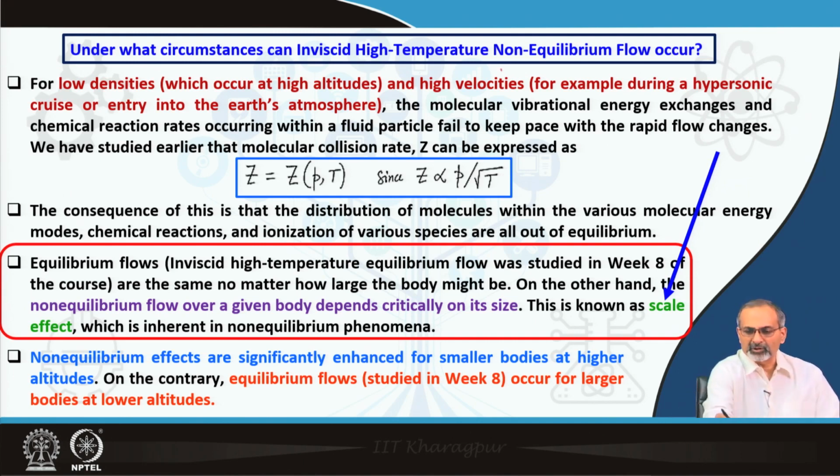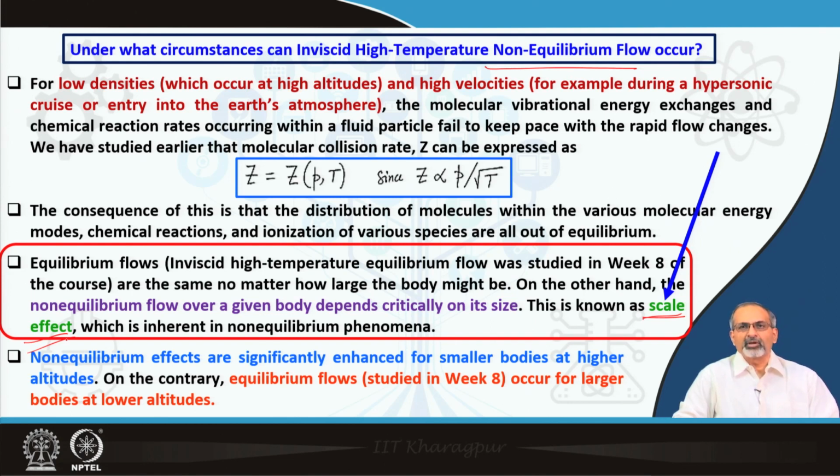We definitely have to consider it as a non-equilibrium flow, and this is a slide which we have seen earlier, but we are revisiting it because here there is a very important term that has been highlighted, the scale effect, which comes up in non-equilibrium phenomena, where the non-equilibrium flow could very much depend on the dimensions of the body.